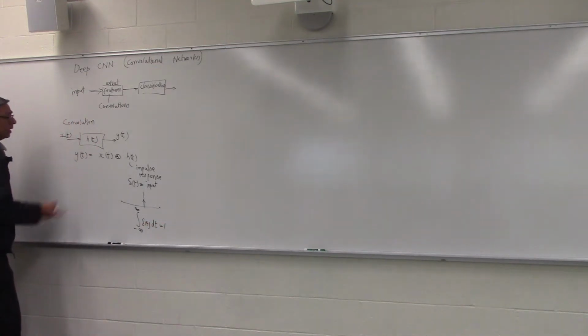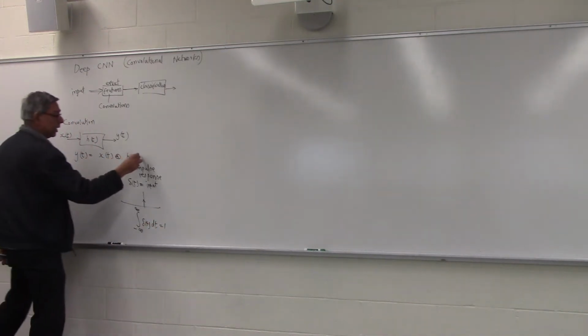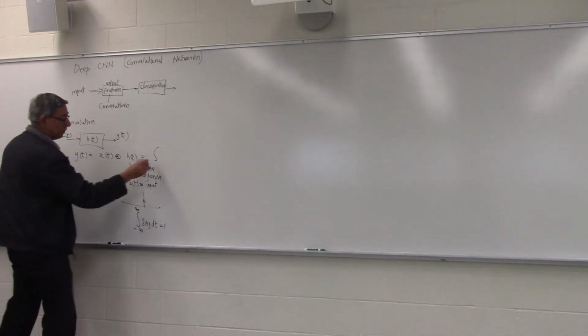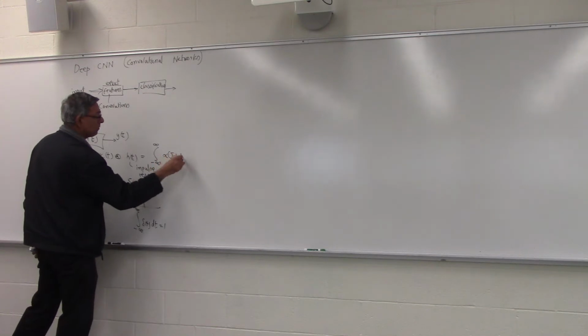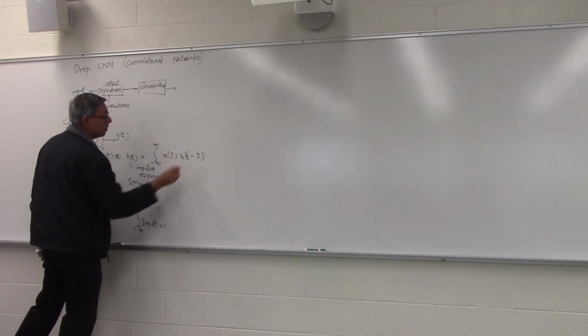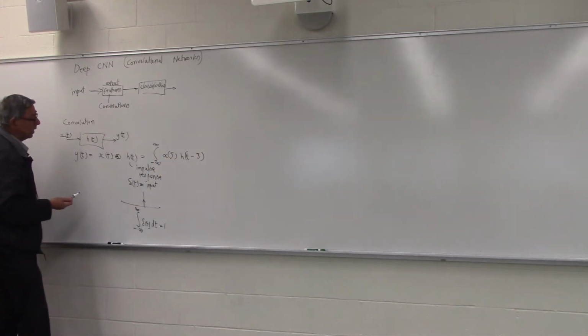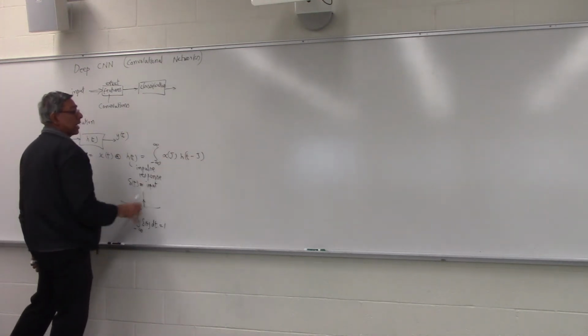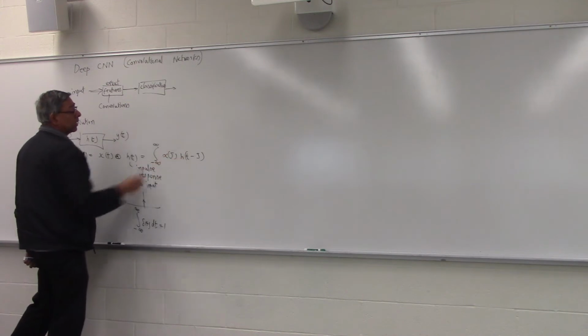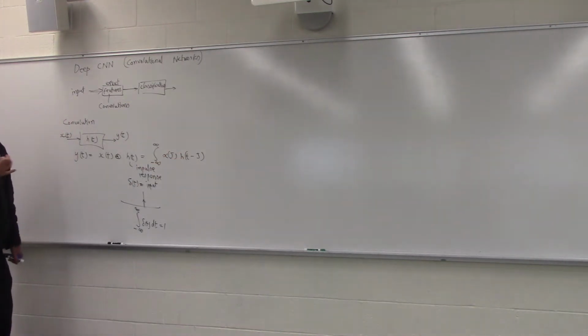So anyway, the actual integral, as you saw, was from minus infinity to infinity, x of tau, h of t minus tau, which, as we discussed, basically means invert it, slide it, and keep multiplying and integrating it.